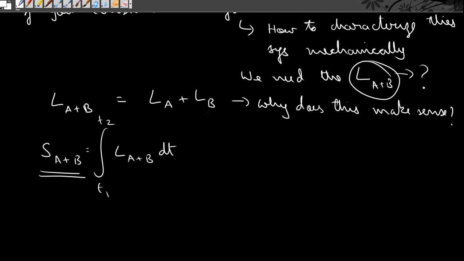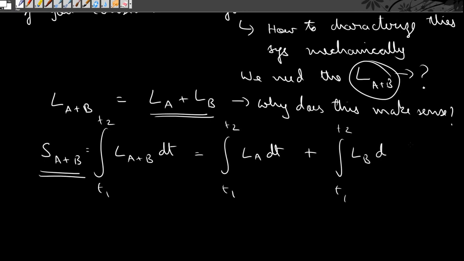So that is why this definition is going to work. Let us see what will happen if we substitute L of A plus B with LA plus LB. So this will become the integral from T1 to T2 of LA dt plus the integral from T1 to T2 of LB dt.